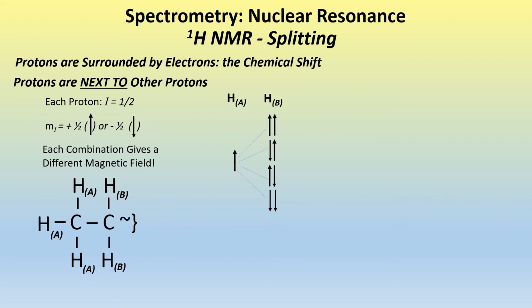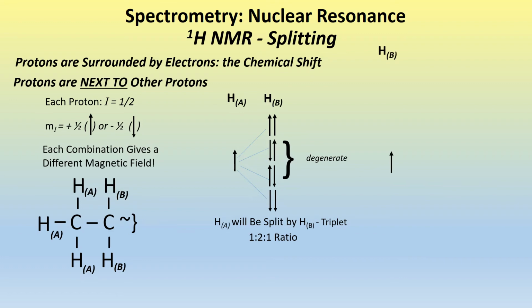You notice the middle two, down up and up down, are degenerate. Therefore, HA will be split by hydrogen B into 3 peaks, a triplet. The ratio of each of those peaks will be 1 combination for straight up, 2 combinations for up and down, 1 for straight down, or 1 to 2 to 1.